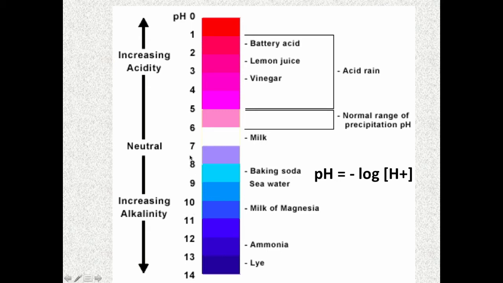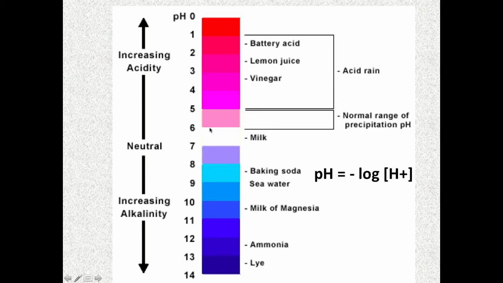Okay? And we're not going to talk too much about OH negative or hydroxyl ions, but understanding that hydrogen ion concentration increases at a pH number below 7 and decreases at a pH number above 7. Okay? And that is essentially our measure of pH.